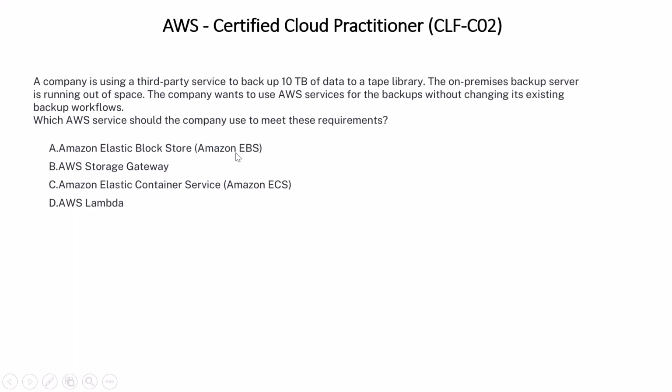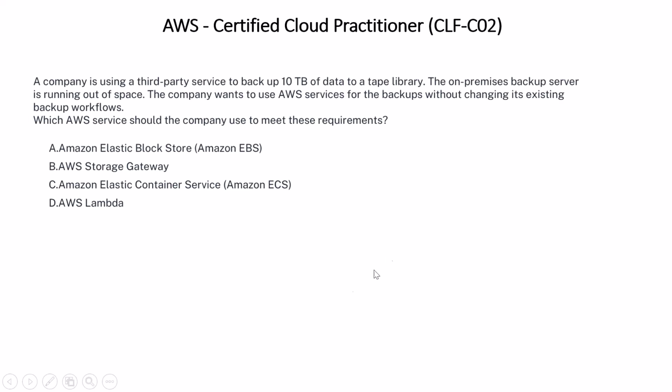Next question. A company is using a third-party service to back up 10 TB of data to a tape library. The on-premises backup server is running out of space. The company wants to use AWS services for the backups without changing its existing backup workflows. Which AWS service should the company use to meet these requirements? The options are option A, Amazon Elastic Block Store, option B, AWS Storage Gateway, option C, Amazon Elastic Container Service, option D, AWS Lambda.